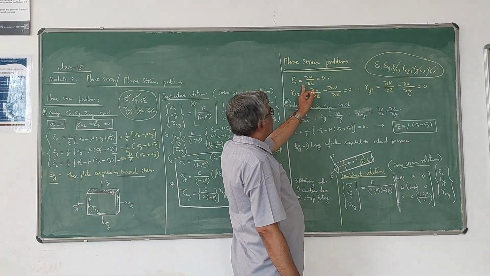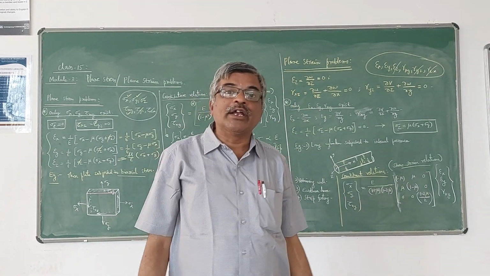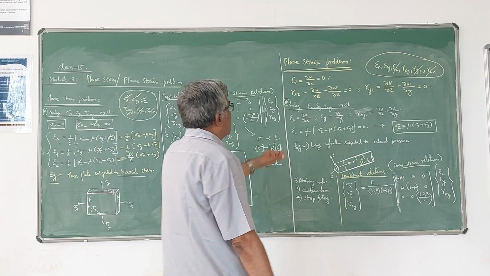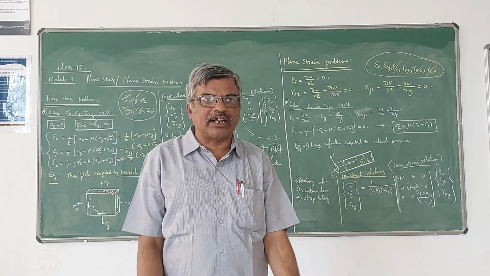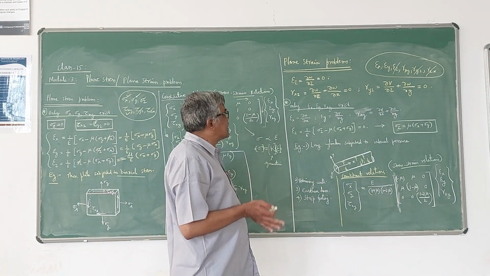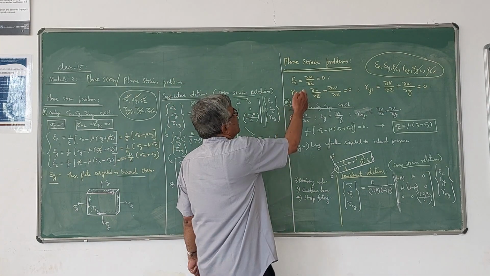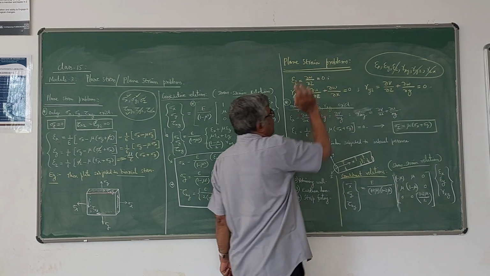According to the definition, epsilon z is dou w by dou z, where u, v, w are the displacements along the x, y, z directions, and x, y, z are the coordinates of the point under consideration. If dou w by dou z is equal to 0, it means w is constant.